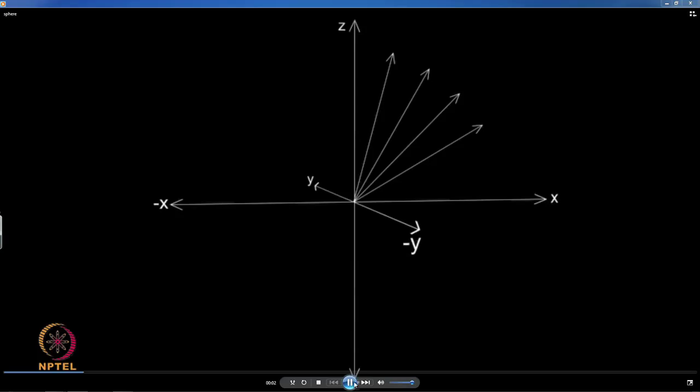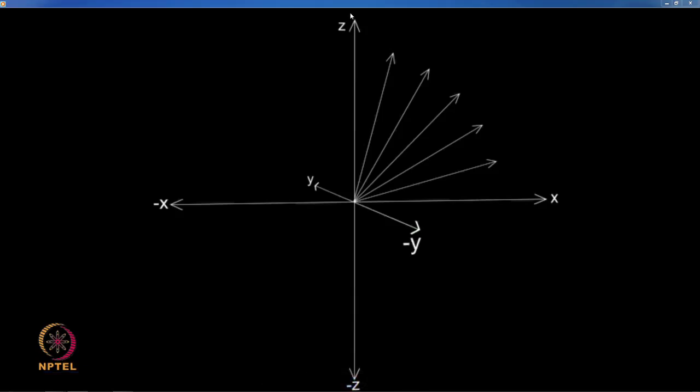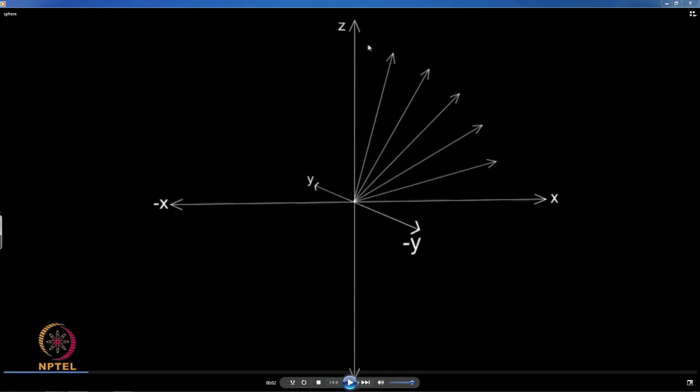Here the relation between the Cartesian and the spherical system is given for one value of r, the radius of a sphere. You can see that if you fix a polar axis called the z-axis, then the polar angle theta varies from 0 to pi as shown by these different radii.